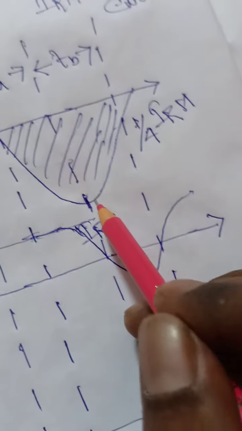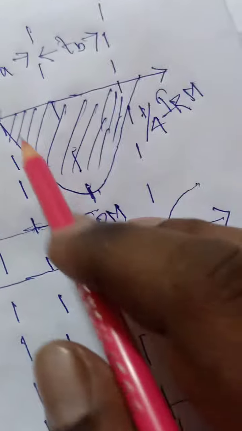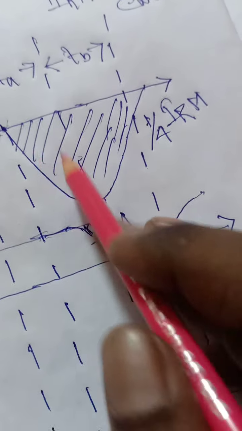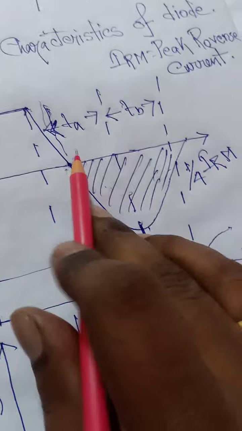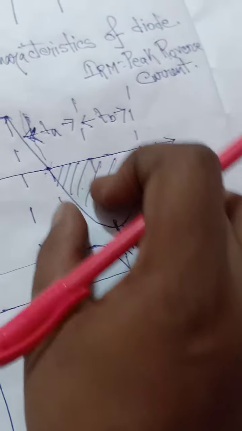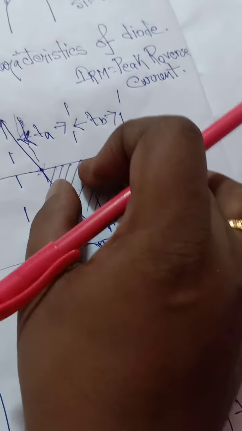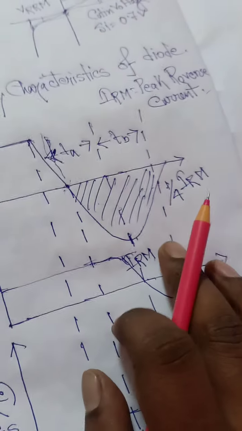Okay, so when it goes from 0 to IRM, the storage charges in the depletion region will be removed. That time period is TA, where the energy stored in the depletion region, the storage charges, will be removed.